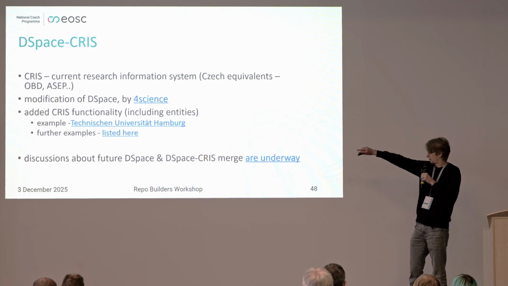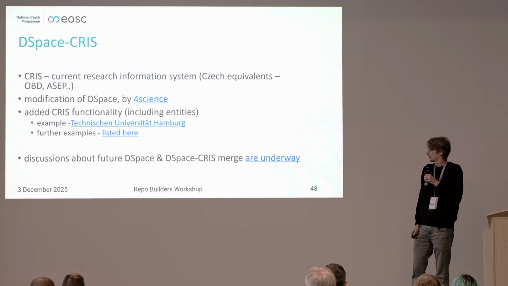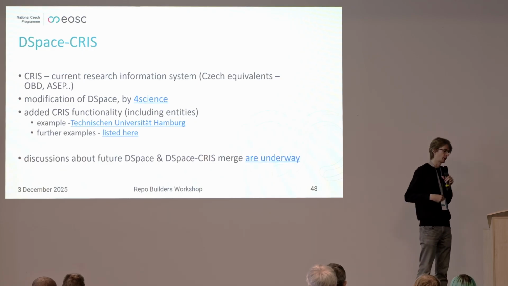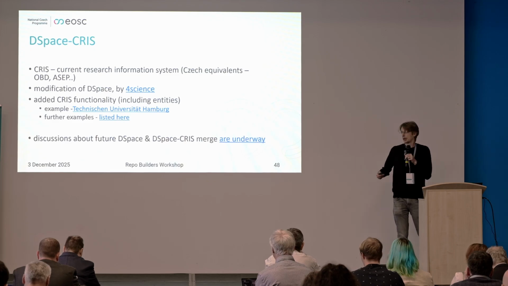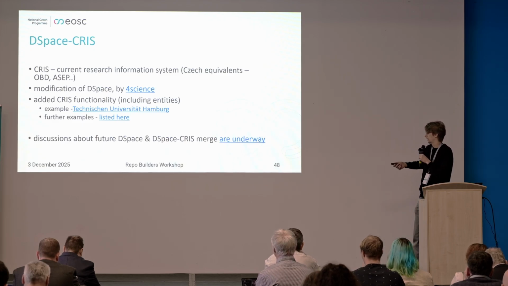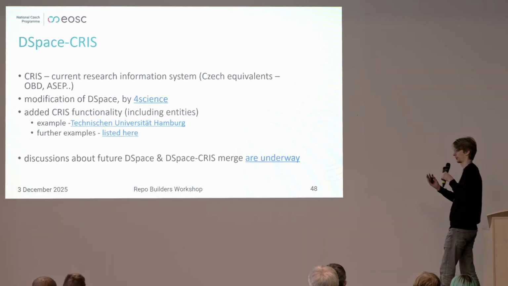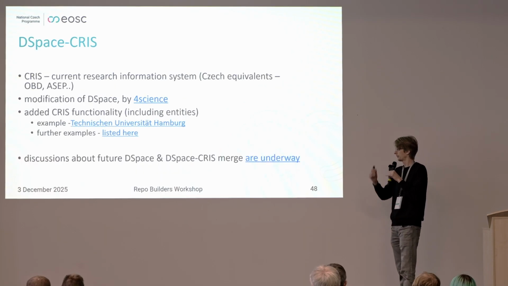A very nice example is Technische Universität Hamburg. There are also some other examples. The thing is that it kind of changed the data model of DSpace. And as is mentioned here, there are ongoing discussions about the future DSpace and DSpace-CRIS merge. So the fork will be kind of unforking itself.